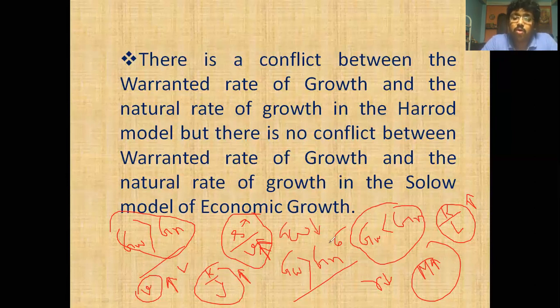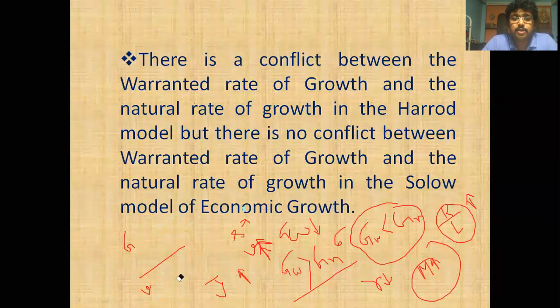And it will fall up to the point where the warranted rate of growth is equal to the natural rate of growth. So in the Solow model of economic growth, there is no conflict between the natural rate of growth and warranted rate of growth. But in the Harrod model, we have found there is a conflict. Okay. Now I am erasing all this marking.